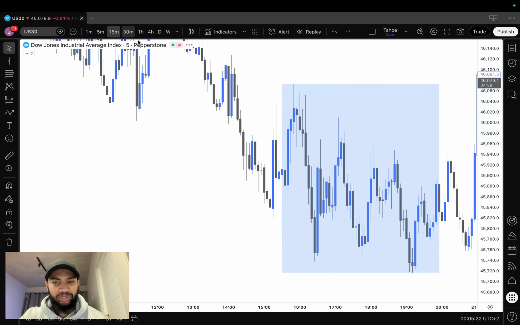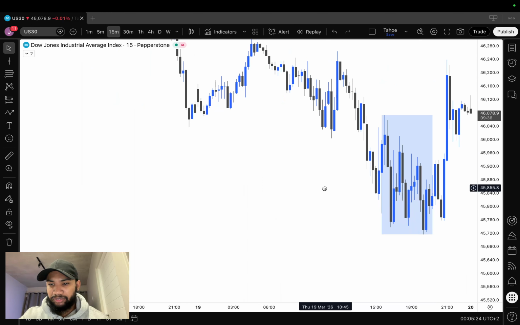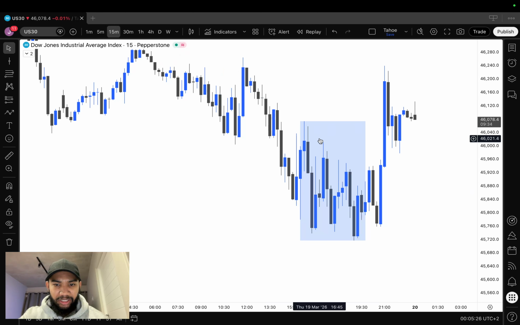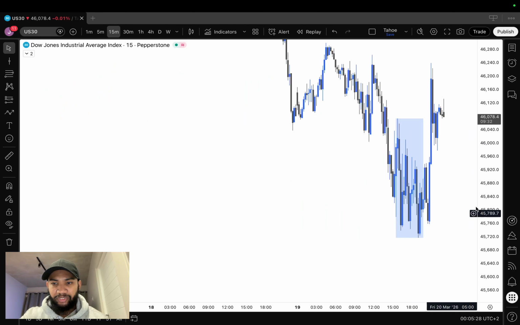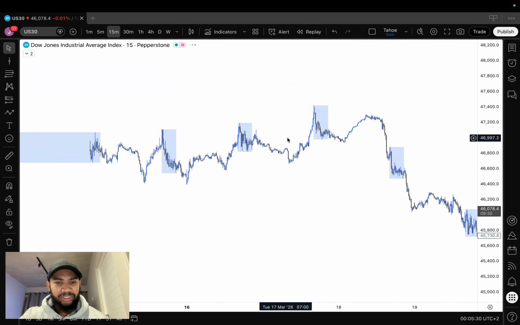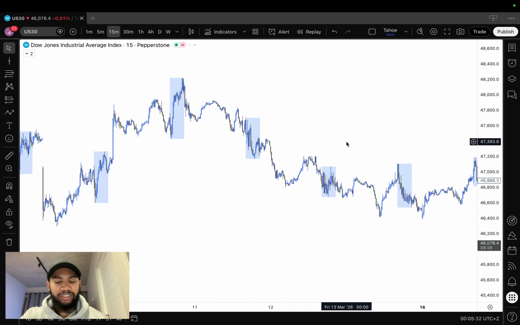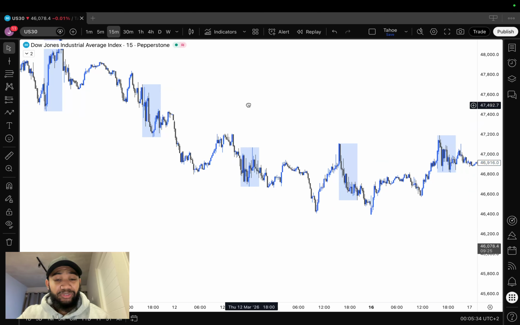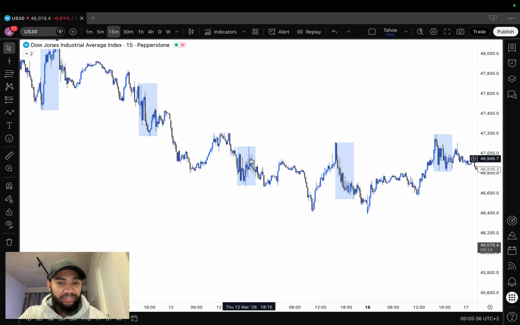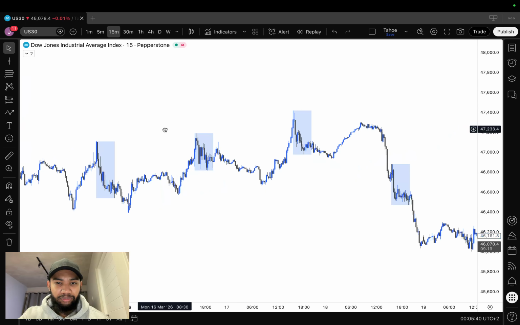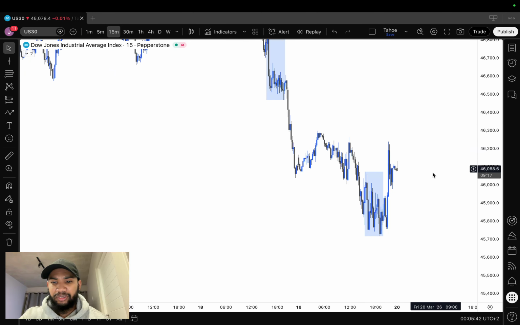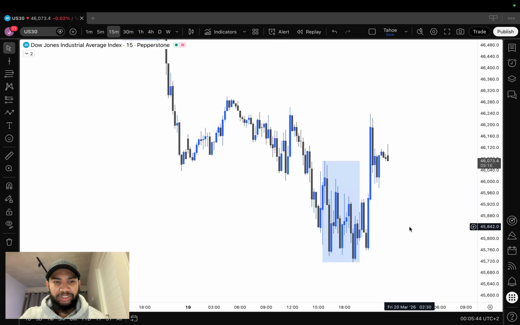This is a 5-minute chart, and as you can see, these are all the sessions that happened in the past. So when you're taking a trade in US30, it's always best to have a trade executed when the shaded area is open.